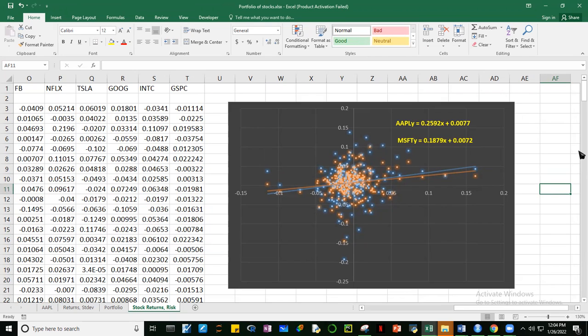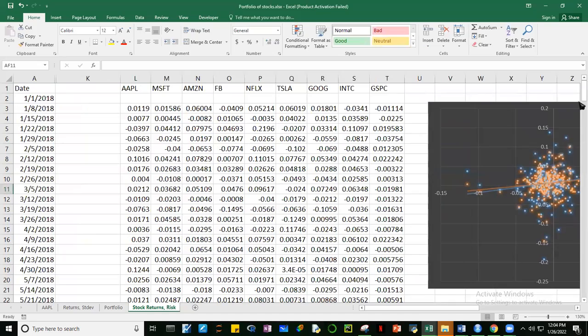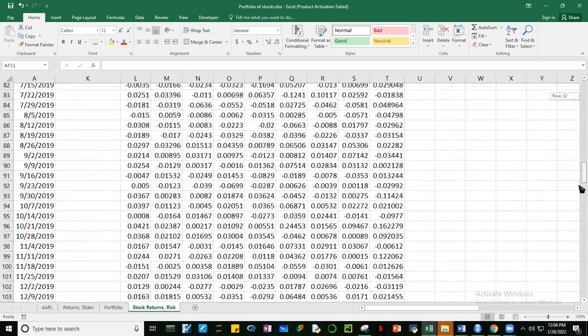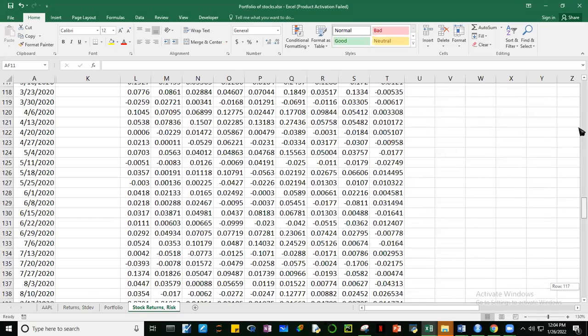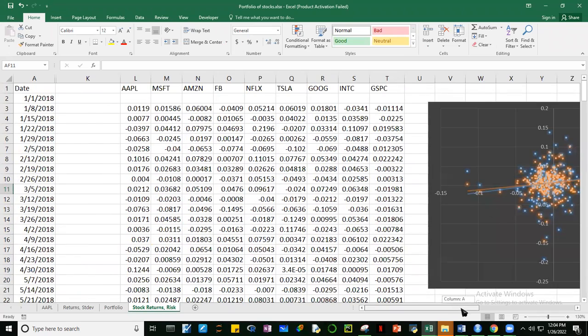So based on our computation of beta, nakita natin si Microsoft mas less risky, no? Mas less risky kaysa kay Apple. And if we were compare the standard deviation natin, Microsoft ito 3.247, si Apple 4.153, no? So based on standard deviation, mas less risky si Microsoft.